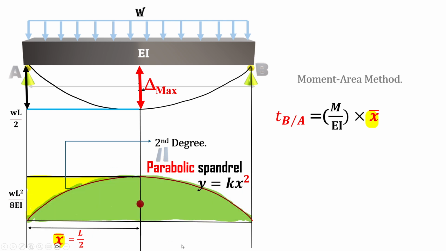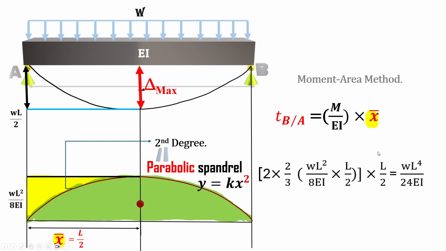So this greenish area, that's T B over A, which is M over EI times X bar, which is calculated from B, but because it's located at the center, both of them are equal to L over 2. So the area of this greenish area is 2/3 of WL squared over 8 EI times the length, which is L over 2.